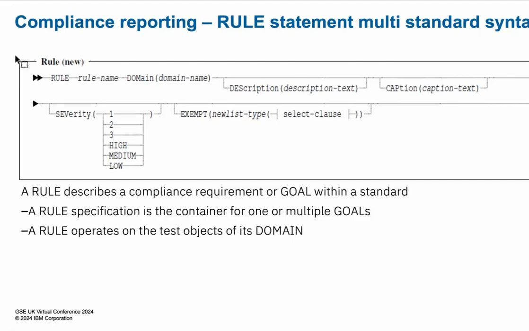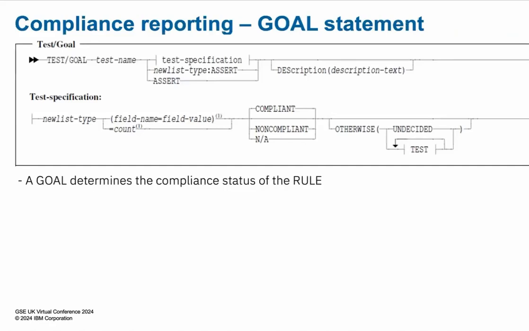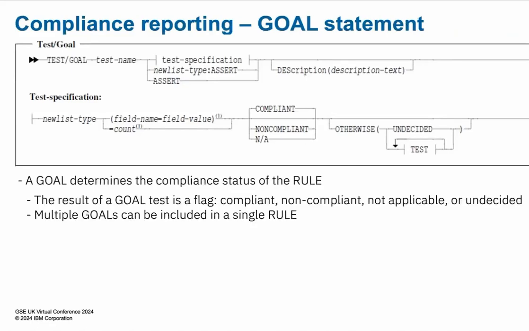And a rule operates on a domain. Okay, and this is for the goal. I will skip through that as we're also running a little bit late on time, but essentially we do have control, domain, rule, and goal. This is the syntax that we use to build our controls.